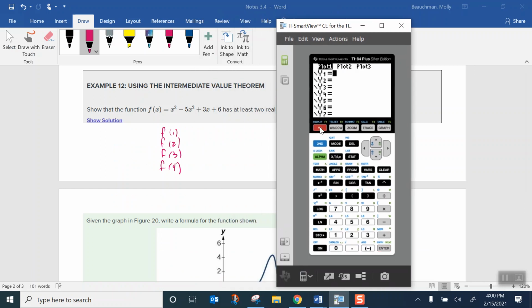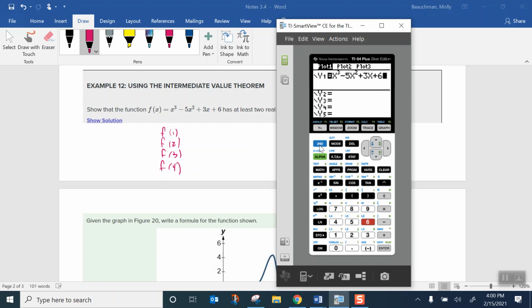So type in your y equals the function itself. We have x to the third minus 5x squared plus 3x plus 6. And I'm going to have the calculator do a table of values for me.